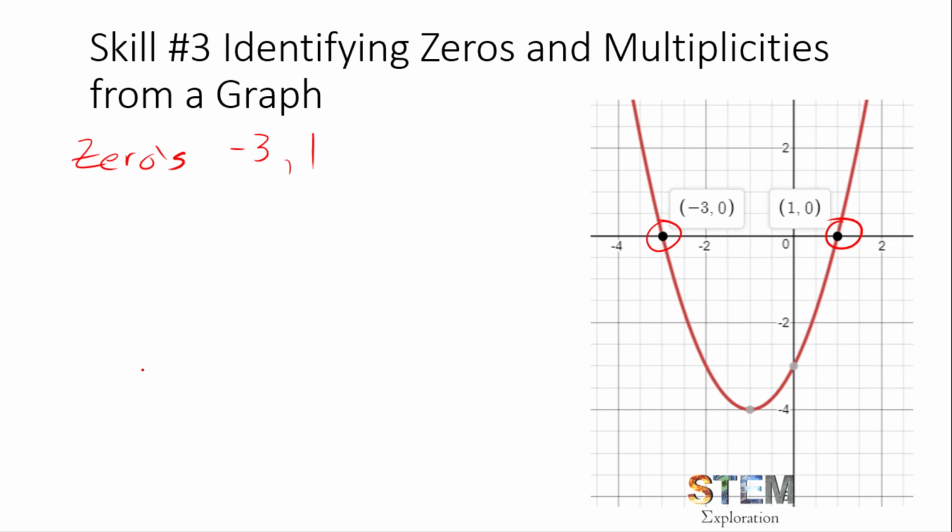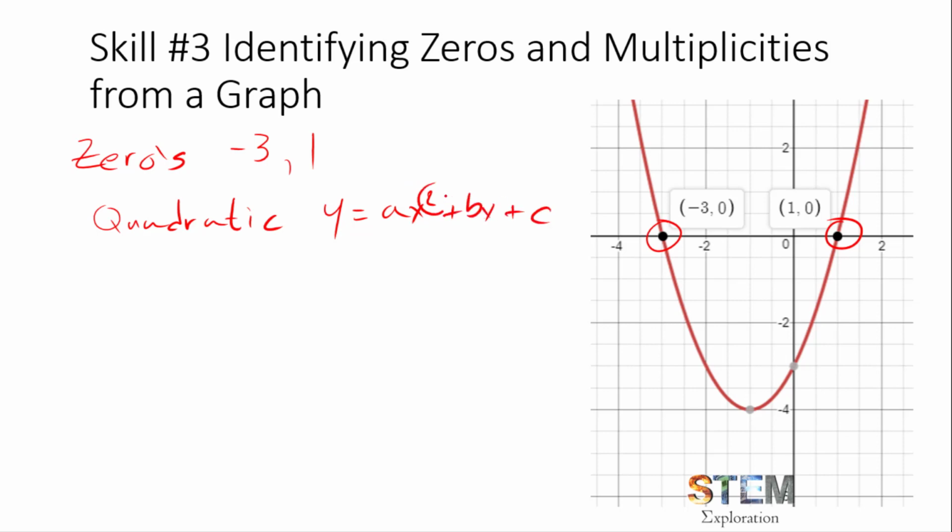But one of the things I want to point out is this idea of multiplicities. All right. And I'm looking at this graph, and based on its general shape, I think it is a quadratic function. And that means if it's a quadratic, it fits into the y equals ax squared plus bx plus c format.